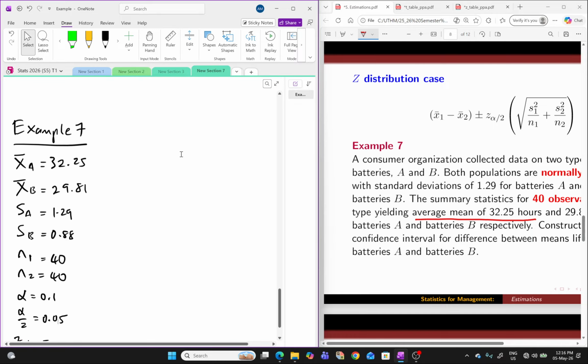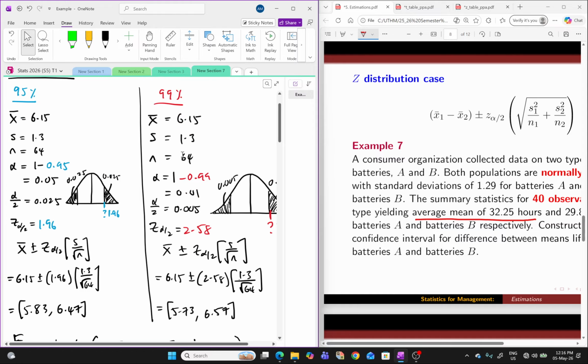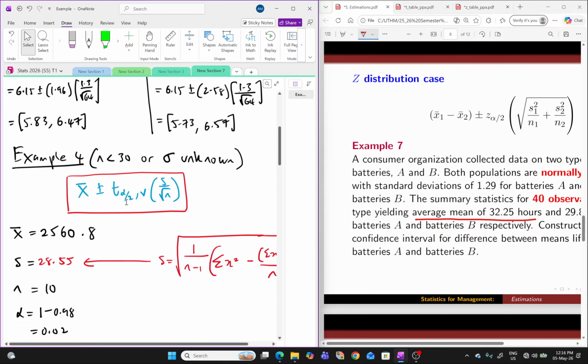Kalau 0.025 automatically it is 1.96. Yang 95 dengan 99 ni biasanya dia famous. So just try to remember. If 95 automatically this is 1.96. If 99 this is automatically 2.58. Just remember that. Apart from that, terpaksalah kita have to go through the table.